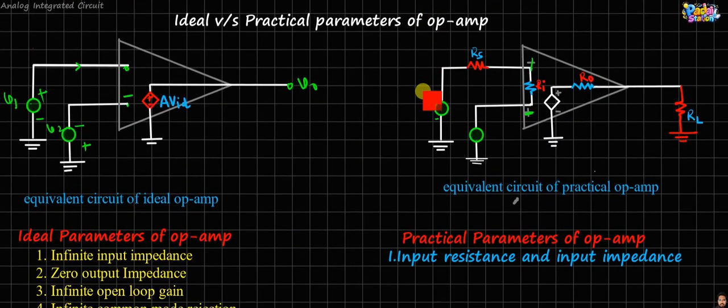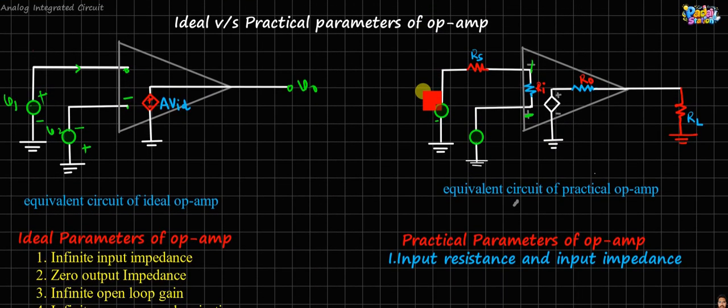This is the representation of the op-amp, the ideal and practical equivalent circuit of the op-amp. Let us understand the difference between them: what the IC is designed to achieve, and what happens when it performs in actual hardware.